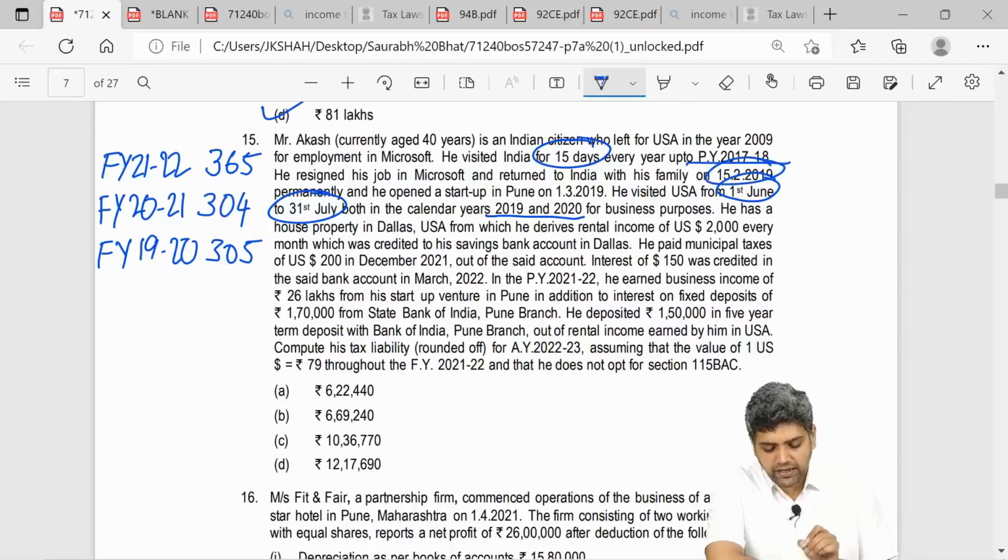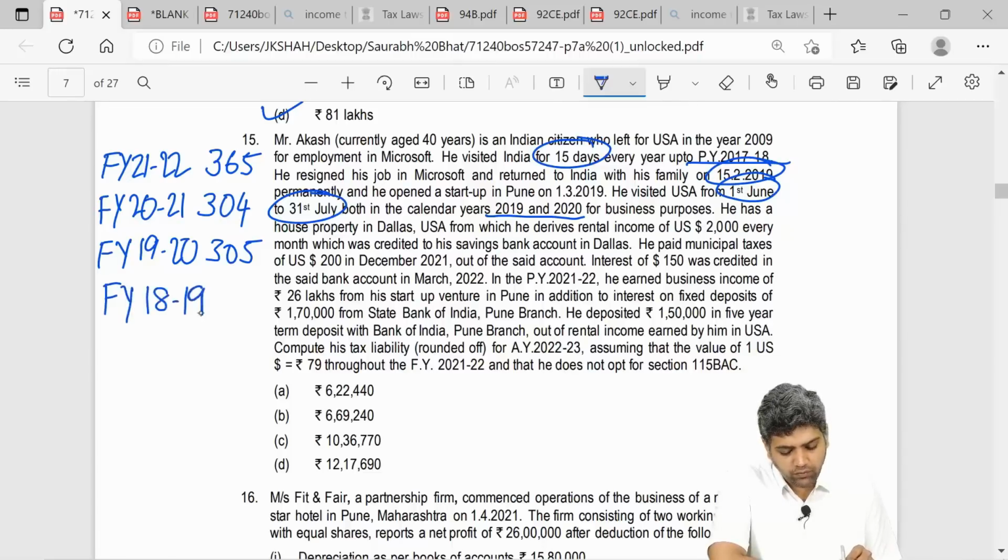Up till 17-18, he has visited India every year for 15 days. So, FY 18-19, because he has returned in India on 15th of February, so he stayed in India for 14 days of February 2019 and 31 days of March 2019, that is 45 days. And prior to that, every year his stay in India was 15 days each.